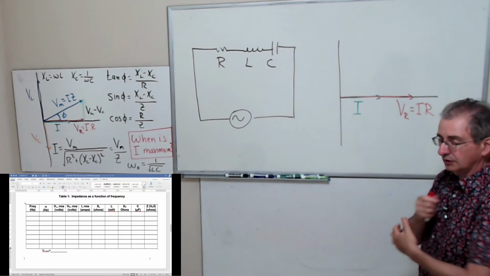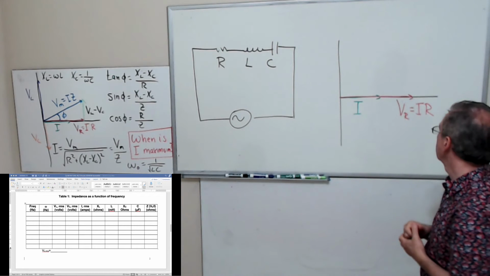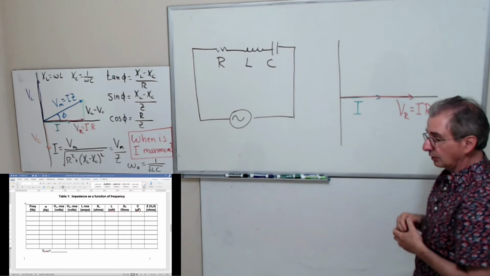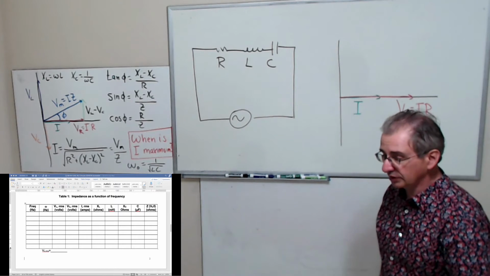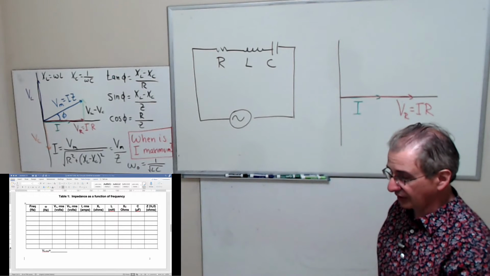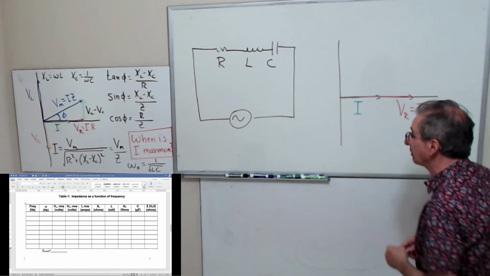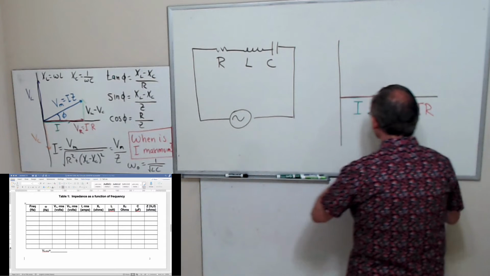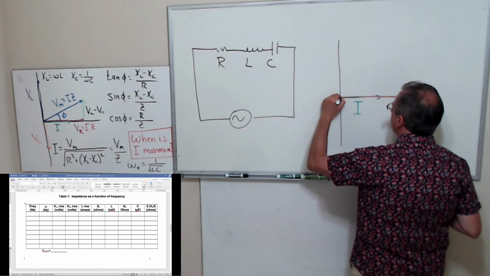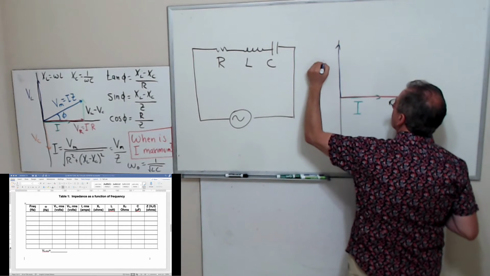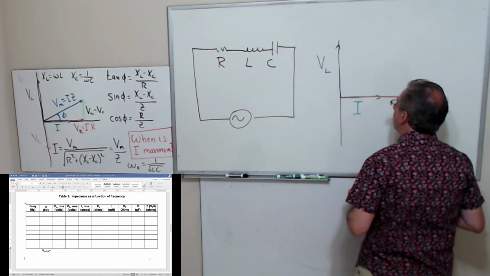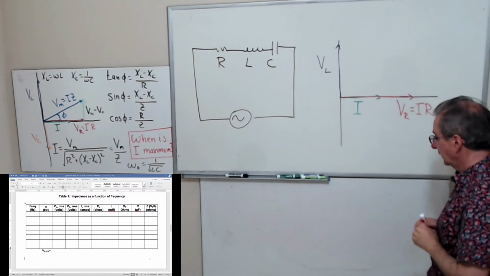Of course, the current through the inductor is the same, because they're in series. But we know that the current in the inductor lags the voltage by 90 degrees. That means the voltage is ahead of the current by 90 degrees. And so all I got to do is draw it of arbitrary length. Like that.